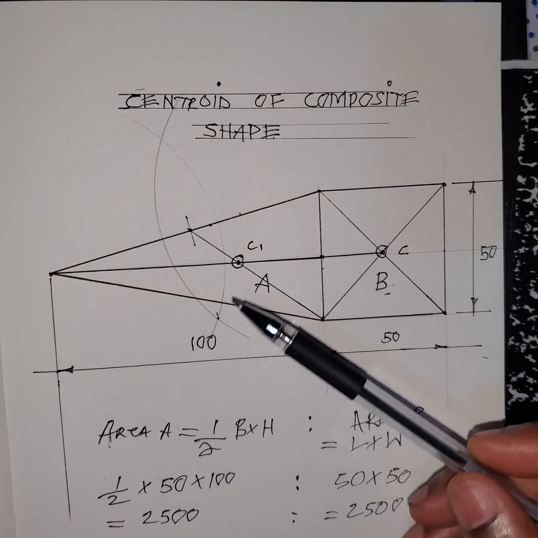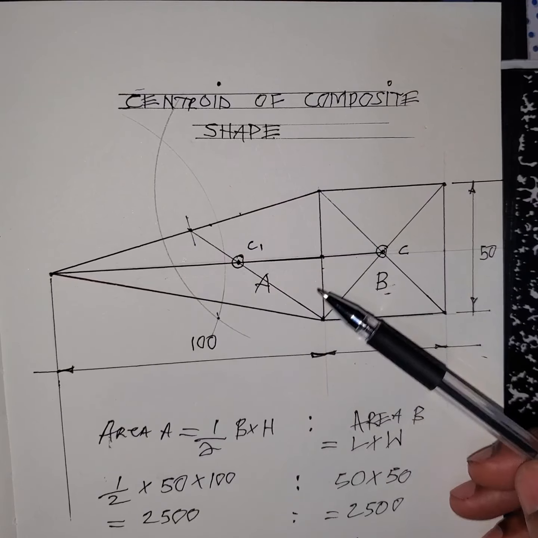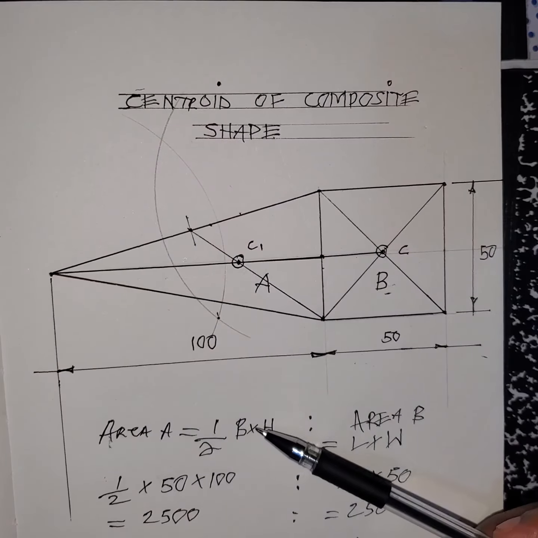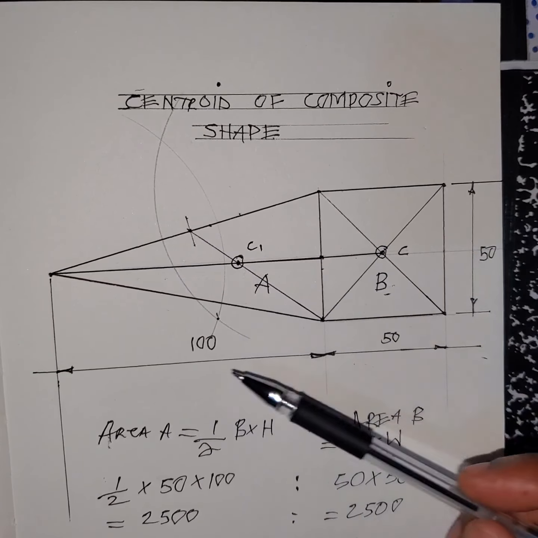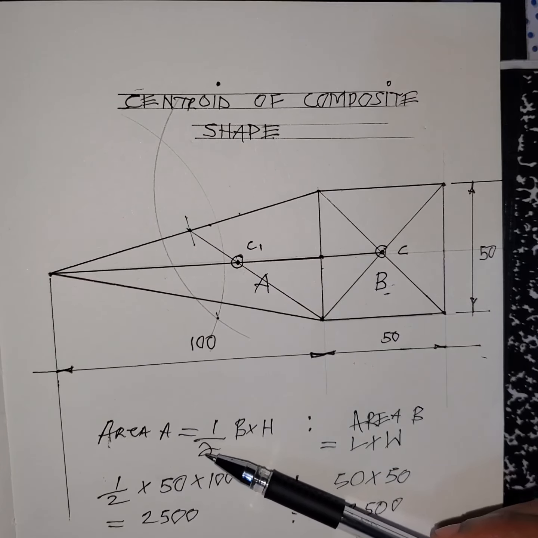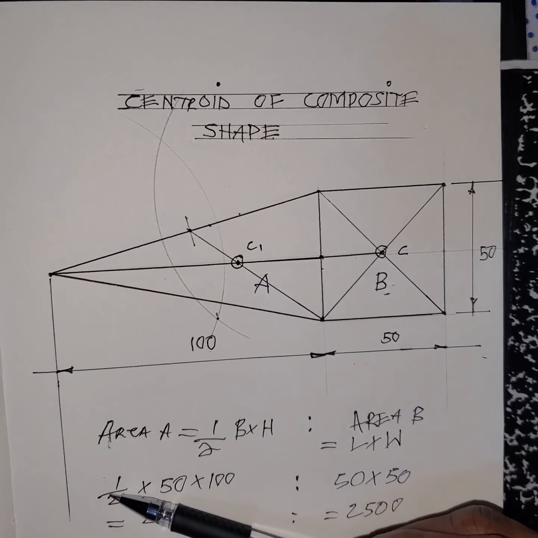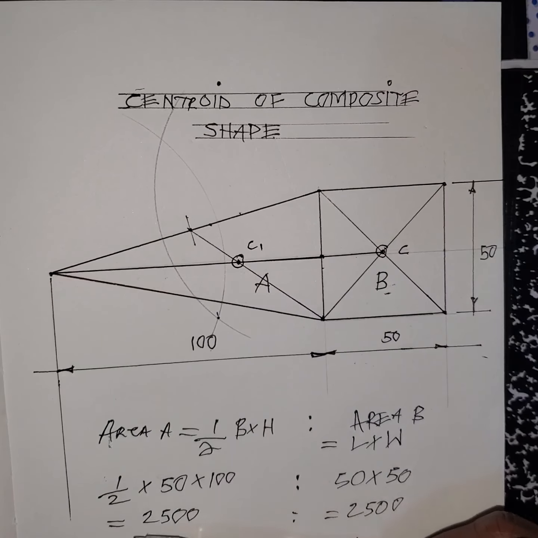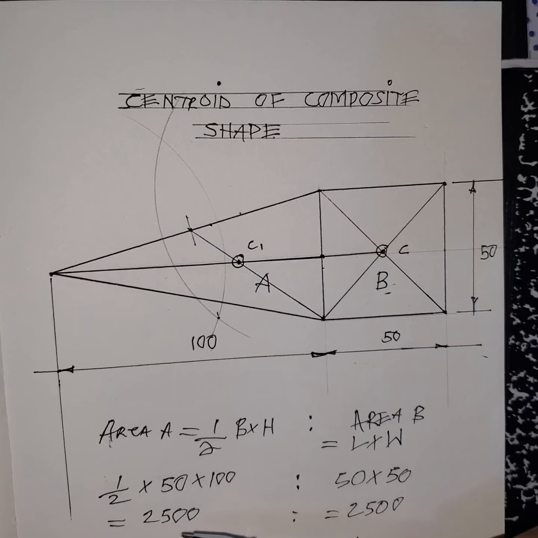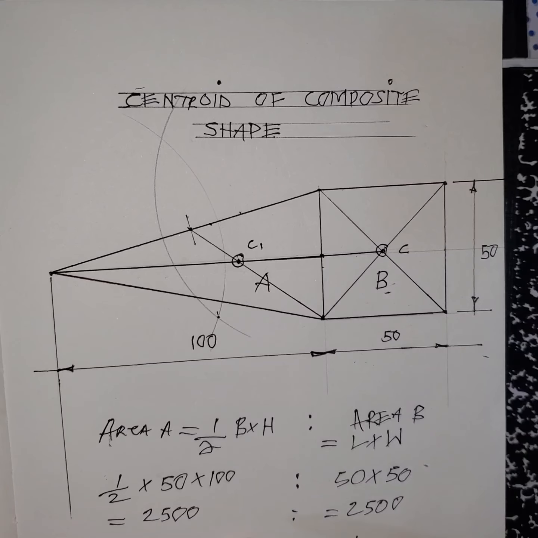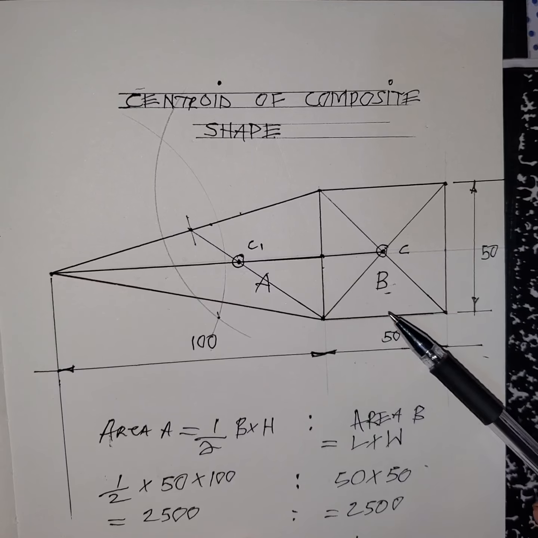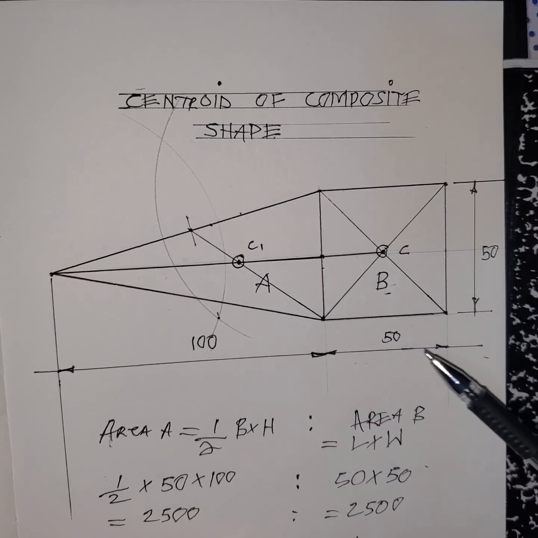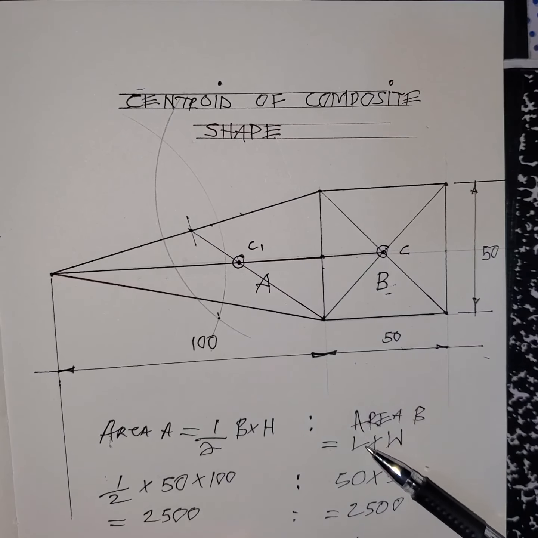In this case, I went ahead and did some maths. The area of A, which is a triangle, is half base times height. In this case, the base is 50, height is 100. So half 50 times 100 works out to 2,500. Now for the area of the square, we have 50 by 50, which is length by width.